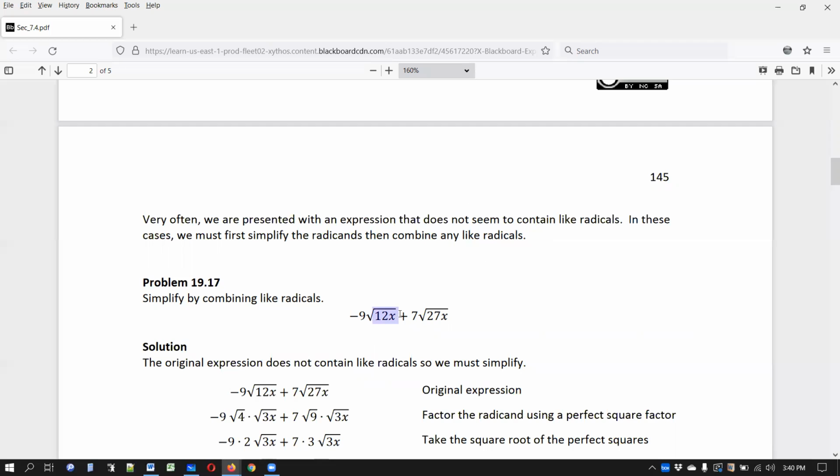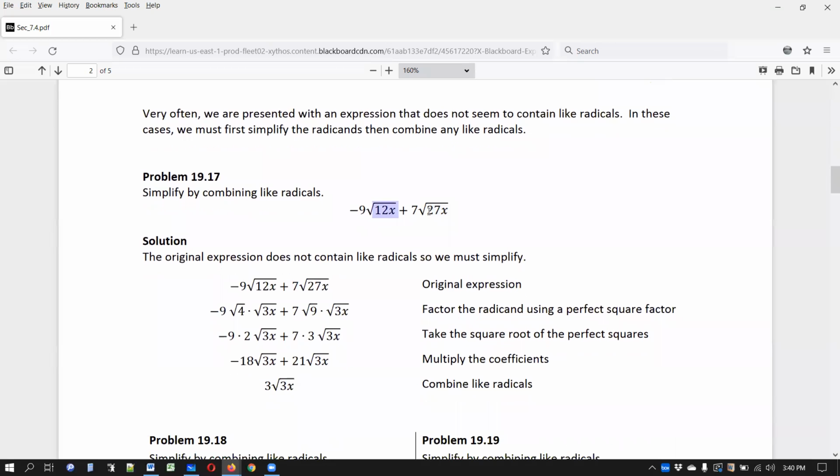However, we are able to simplify both of these radicals into something similar. So in the case of 12x, we split it into radical 4 times radical 3x. In the case of 27x, we split it as radical 9 times radical 3x.